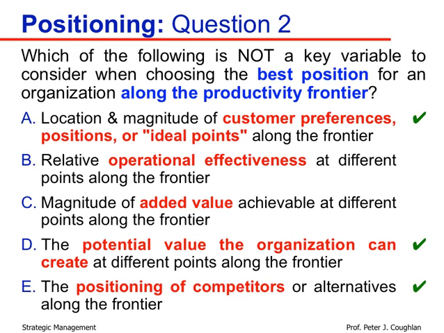And those three items together will dictate what the real objective here is, which is the magnitude of added value achieved at different points along the frontier. And so operational effectiveness is not something that we consider when choosing where to position along the frontier. But that begs the question: what is operational effectiveness and how does it come into play?